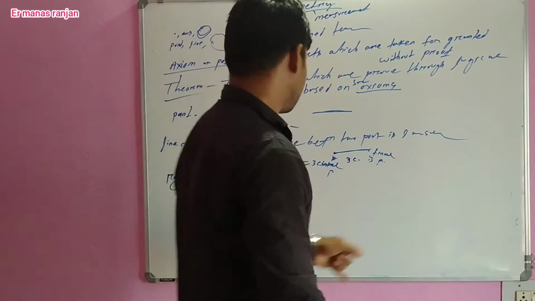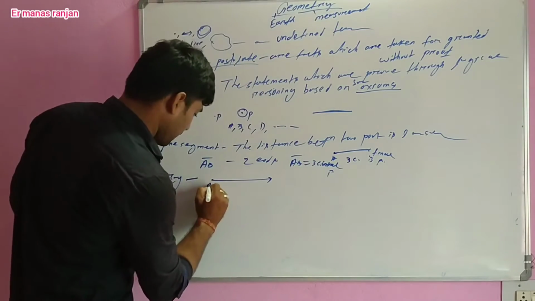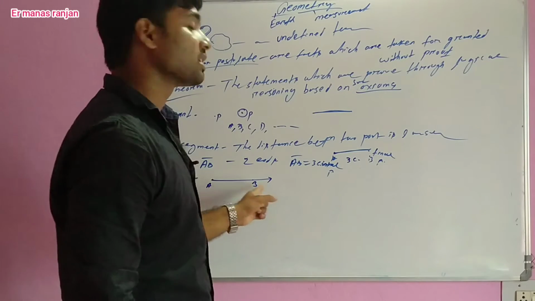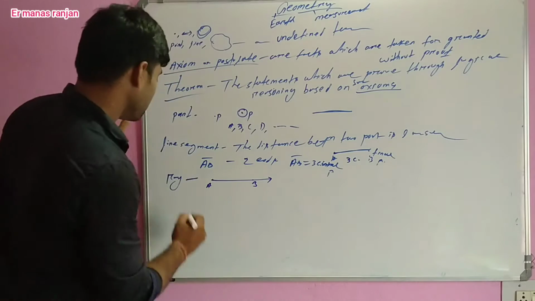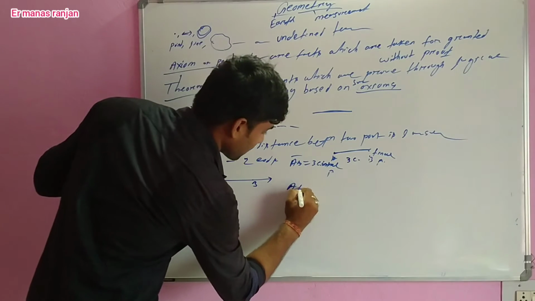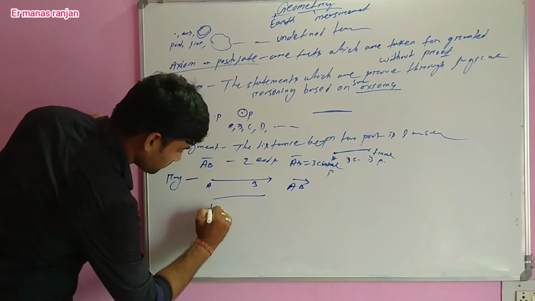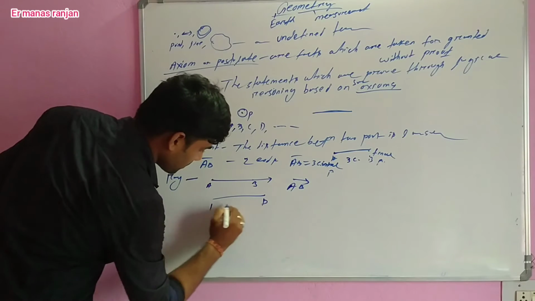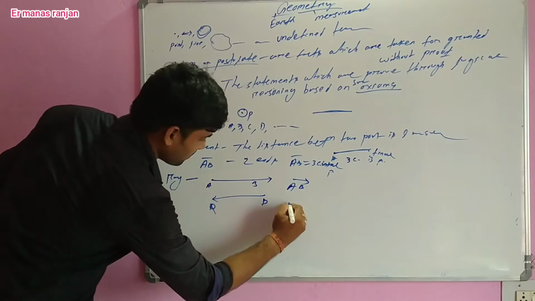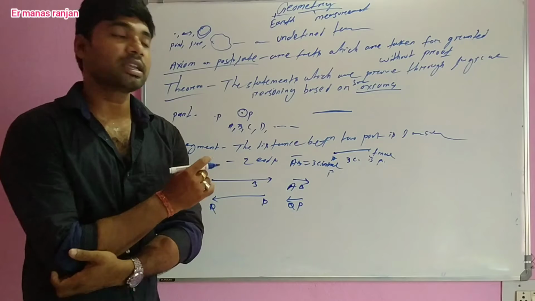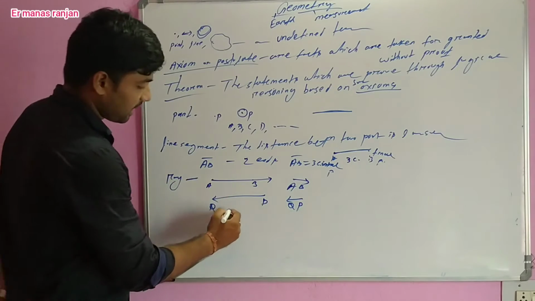Suppose a line starts from a point A and there is no final point, which is denoted as AB. So you can say AB is a ray. Suppose PQ, P, this one Q. It may be written as PQ. It's a ray. It has only one end point.